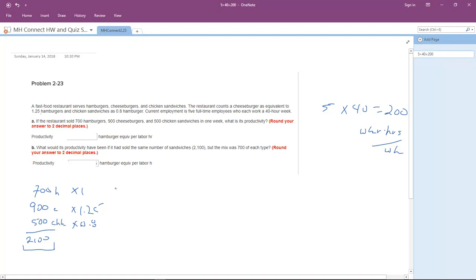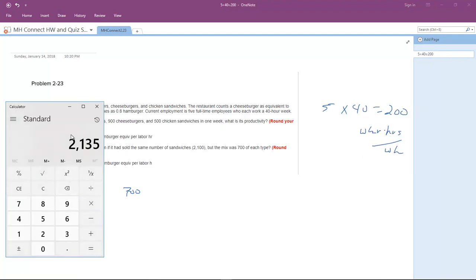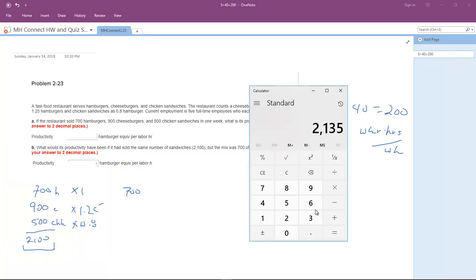When we look at these labor hours involved, 700 times 1 is your 700, and then 900 times 1.25. Let's go calculate that. I have a calculator handy right here. We need to do 900 times 1.25.